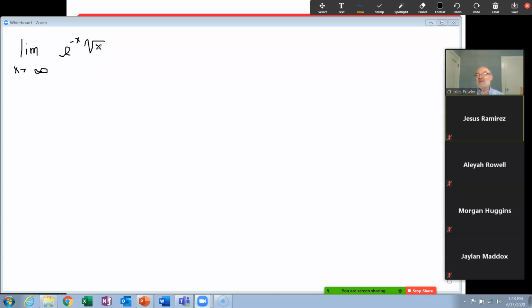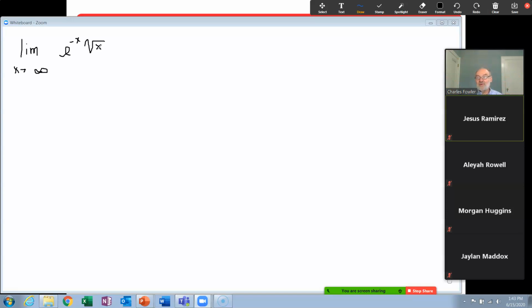Now, if you take it literally, sure enough, as x goes to infinity, e to the minus x is going to 0. Okay, e to the minus x starts really large for negative values. A minus times a minus is a positive, e to the positive value is extremely positive, and it goes down. When x equals 0, it's 1, and then when x gets very large positive, that's going like this.